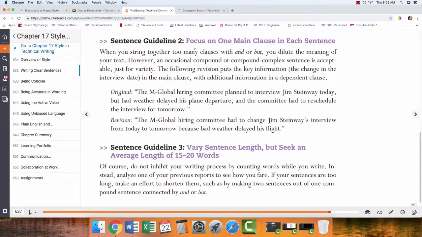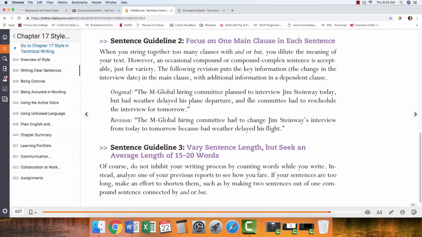Focus on one main clause in each sentence. This is good advice as well. It has to do with how you kind of couple things together, how you hook up the train cars on your train. Because there are tips and specific ways of ordering things in a sentence so that they communicate really well. You don't want the upside down sentence.